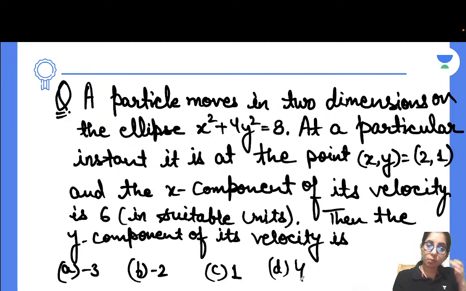Try it now and let me know what do you think will be the right answer. If you have difficulty in considering it, we will talk about it then.